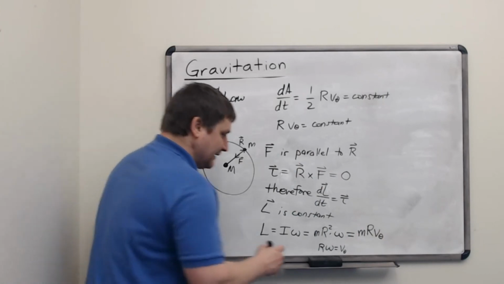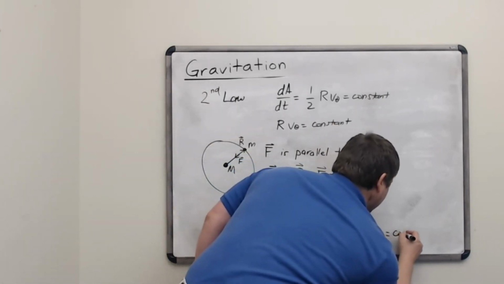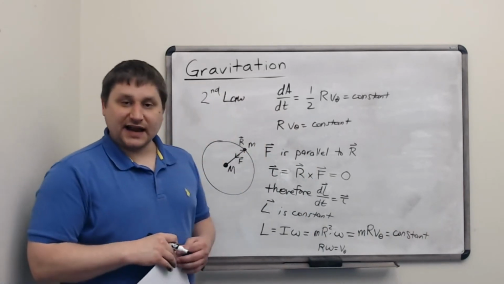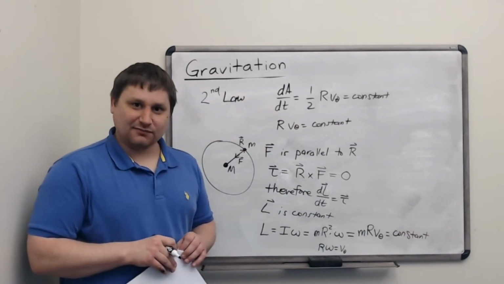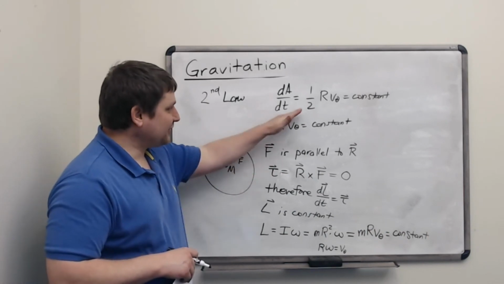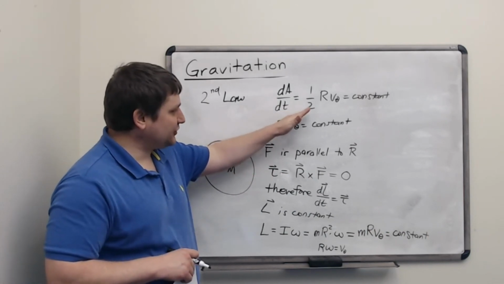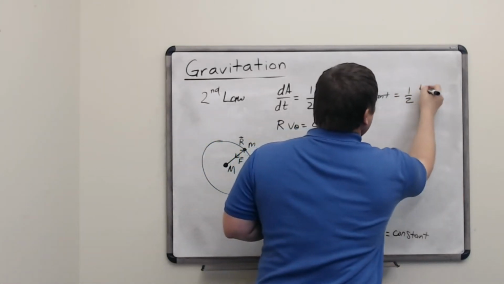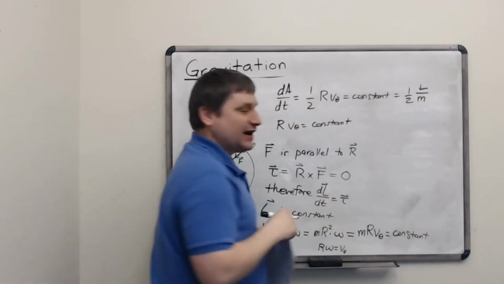We see that Kepler's second law is actually synonymous with conservation of angular momentum. The constant that things are equal to in Kepler's second law is actually equal to 1/2 the angular momentum of the particle divided by its mass.